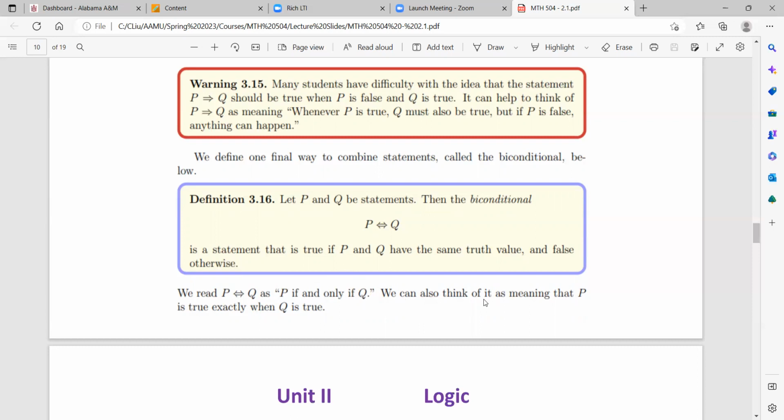We can also think of it as meaning that P is true exactly when Q is true. So this time it does matter: when P is false and Q is true, that will be false in this biconditional statement.